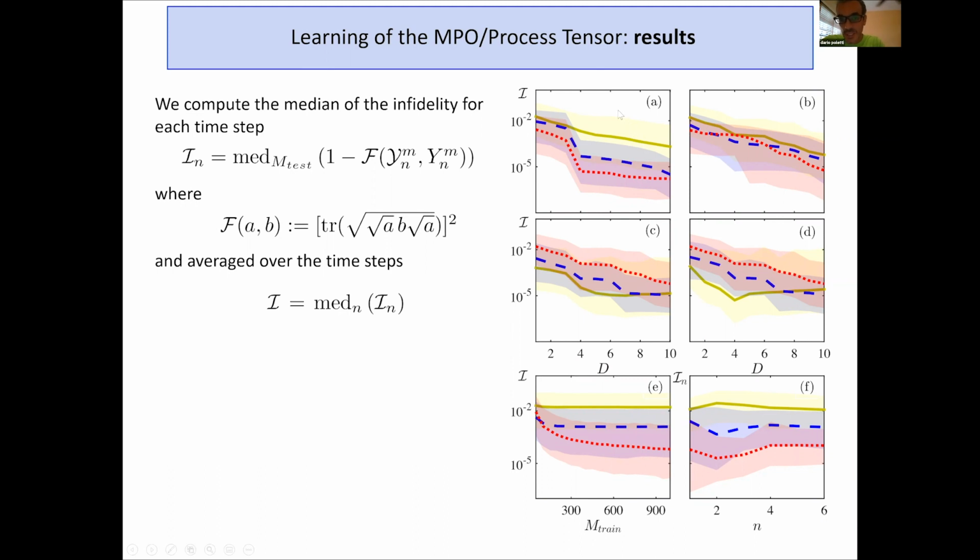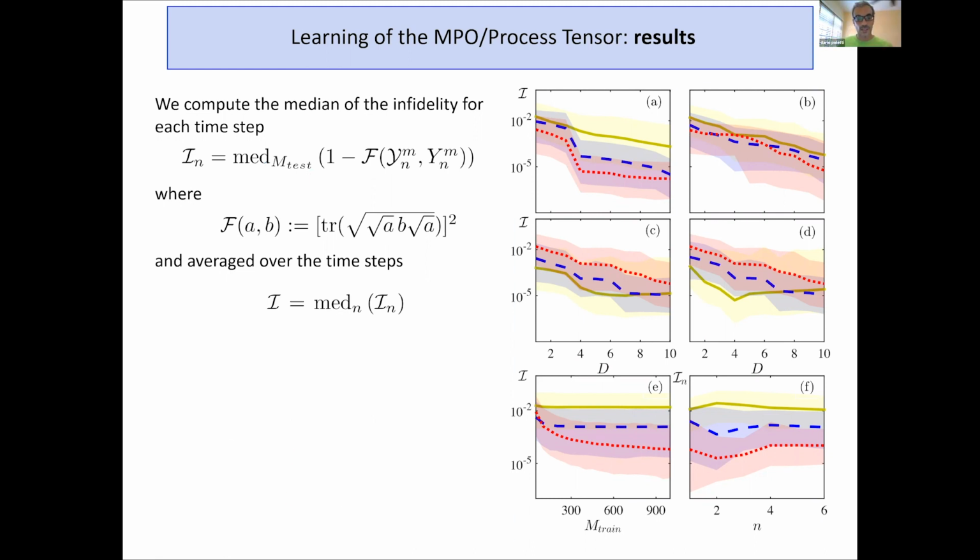So you only have a 5% probability that the output is outside of these error bars. Okay. So we have standard definition measures for fidelity, and we look at the infidelity, and we look at the median one.